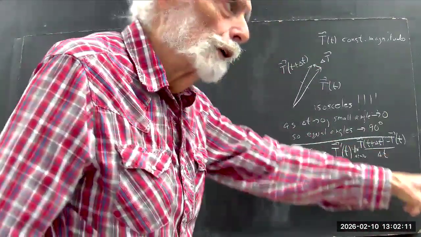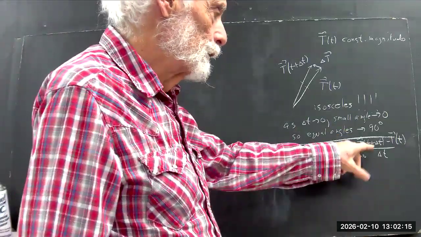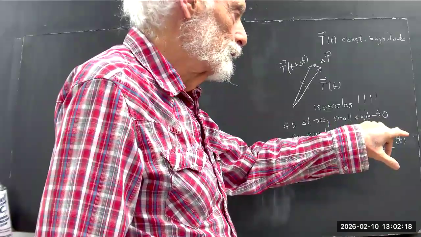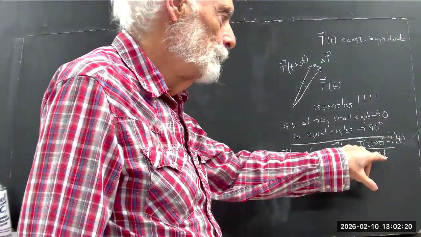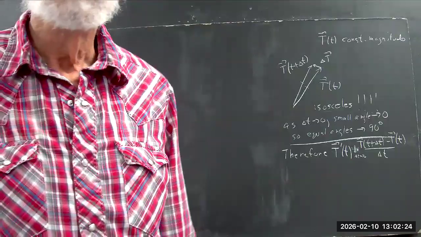And squeeze it in. You know what the definition of a derivative is. It's the limit as delta t goes to zero of big T of t plus delta t minus big T of little t over delta t, right? That's a derivative. It's the definition of a derivative.